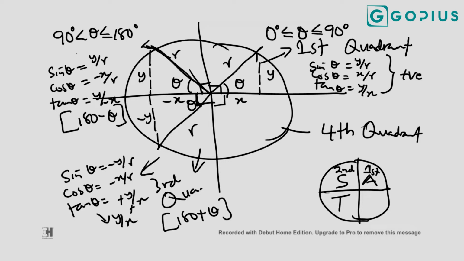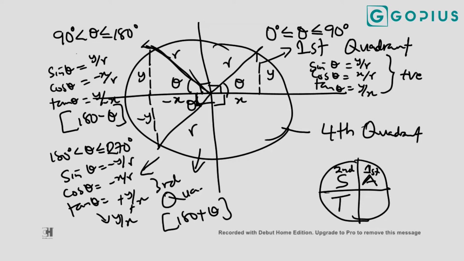In the second quadrant, the angle is 180 minus theta, and theta lies from 91 to 180 degrees. Now in the third quadrant, the angle is something greater than 180 but less than or equal to 270. So we have 180 degrees less than theta, less than or equal to 270 degrees. That is the range of values for the third quadrant.